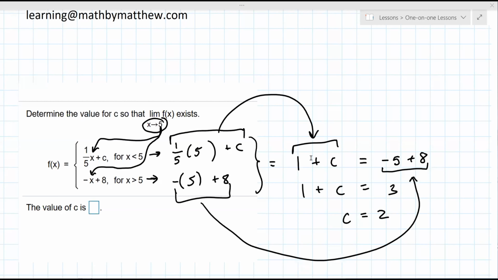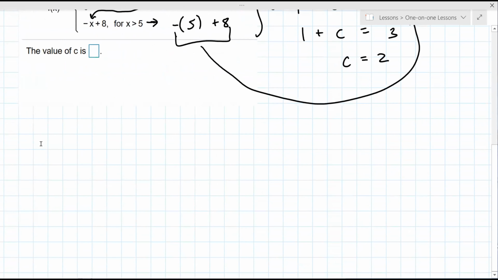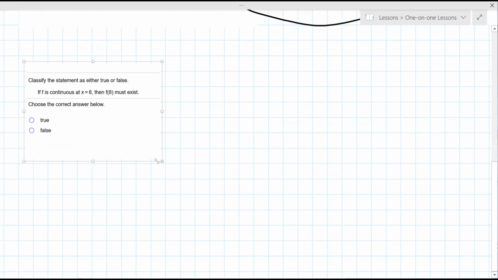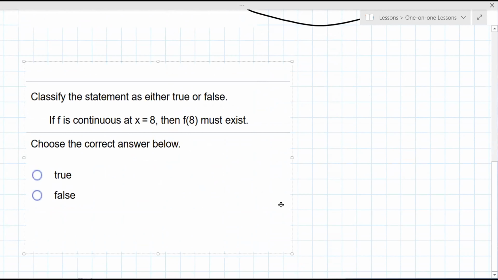This is your classic kind of true false stuff here. Classify the statement as either true or false. If f is continuous at x equals 8, then f of 8 must exist. And this one is true, but there's this progression of something called differentiability, continuity, etc. If it's continuous at x equals 8, that means it can be drawn without lifting up your pencil.